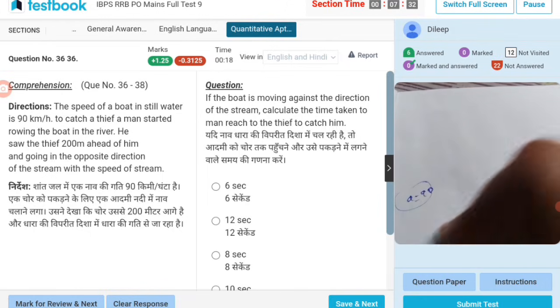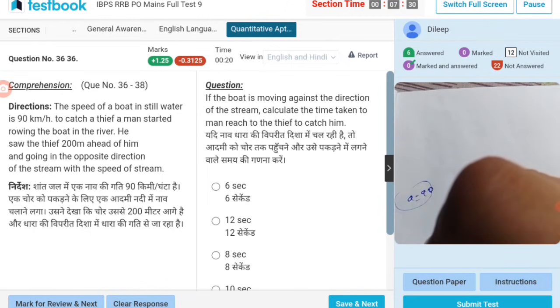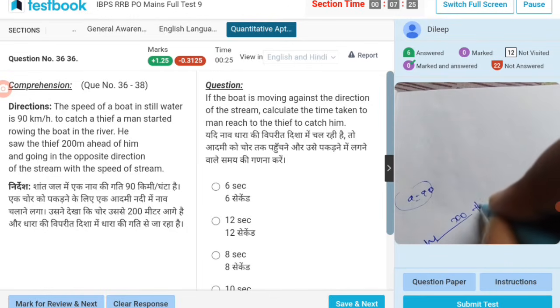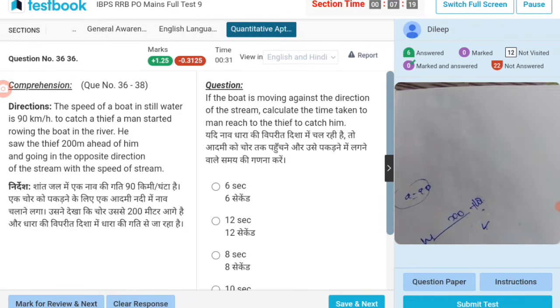To catch a thief, a man started rowing a boat in the river. Thief going in opposite directions. Stream up the speed.